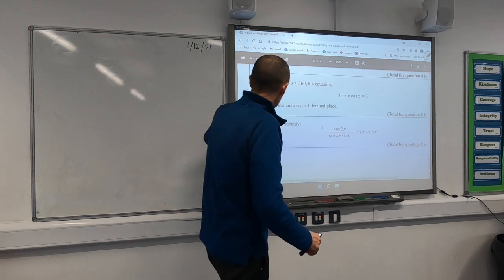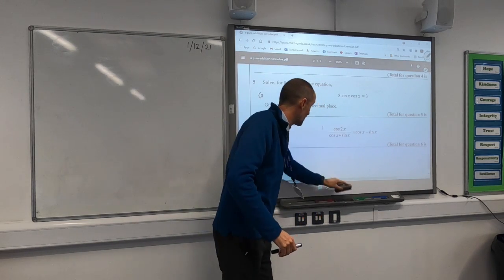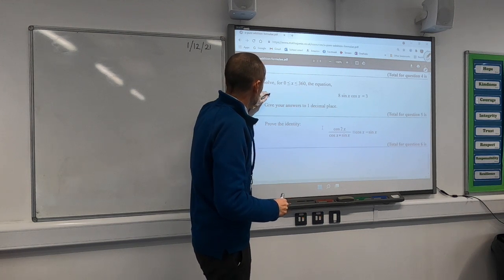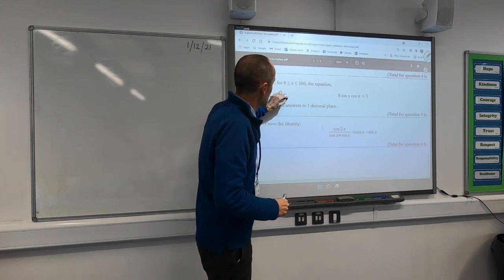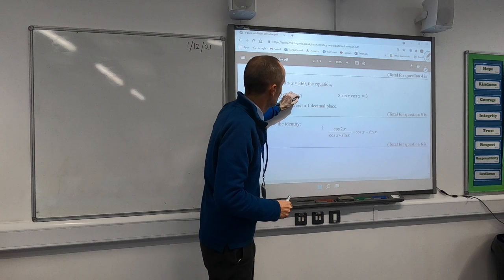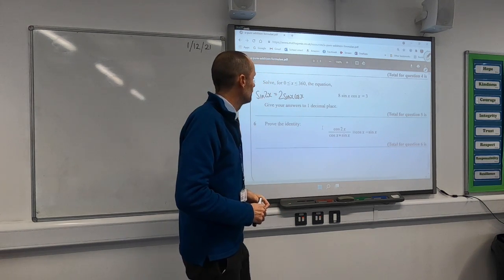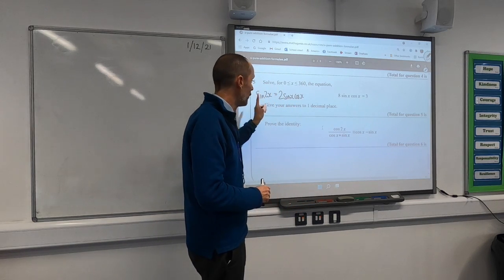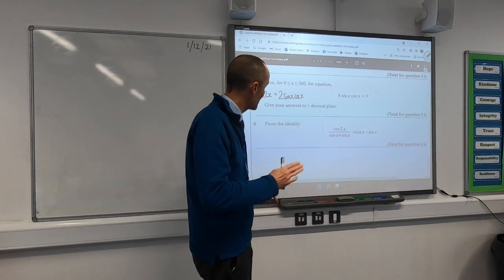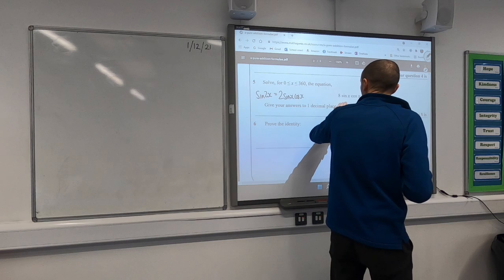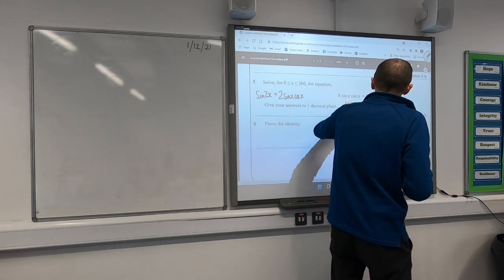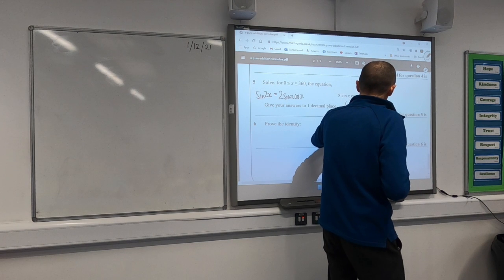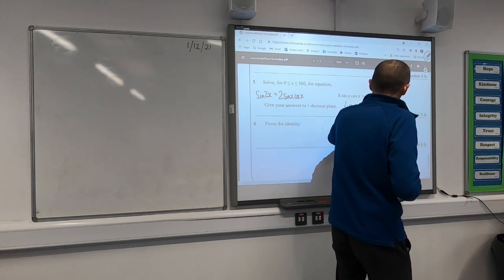Sine 2x is 2 sine x cos x. So what I've got here, 8 sine x cos x, is 4 lots of that. So to solve this equation, I'm going to go, right, 4 sine 2x is equal to 3, and that means that sine 2x is equal to 3/4.